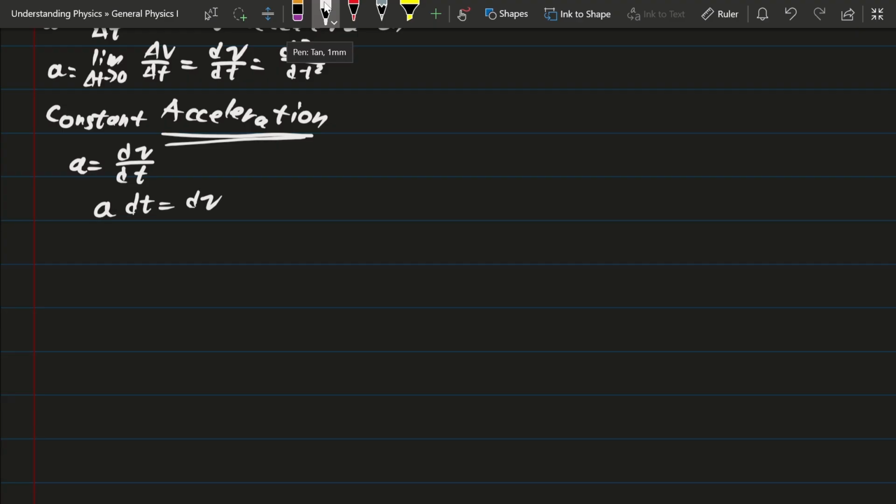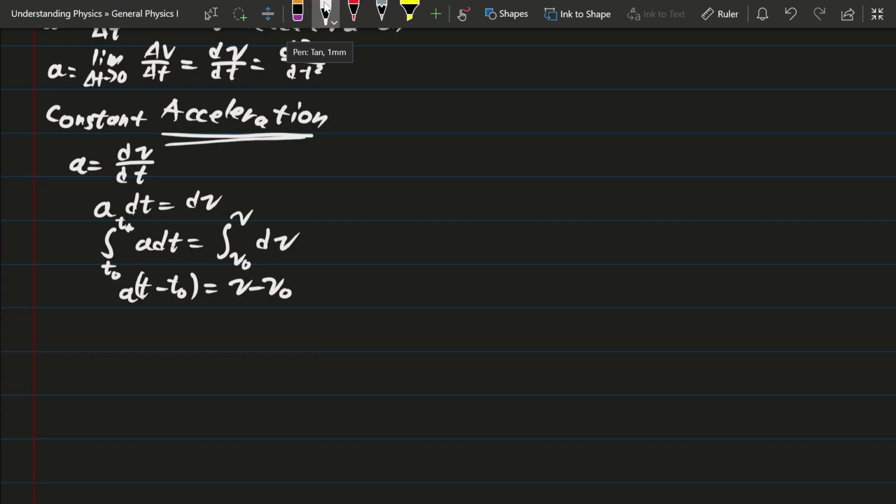And if you integrate this from the initial to the final, or you could write this as the integral from t0 to t of a dt, and it equals the integral from the initial to the final velocity, dv, you would get a times t minus t0, which equals v minus v0.